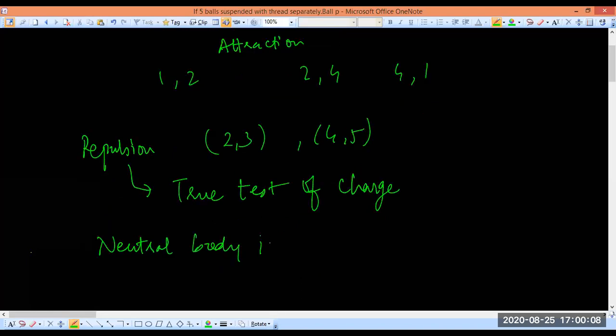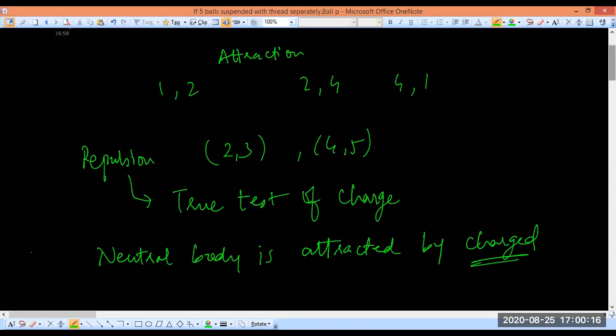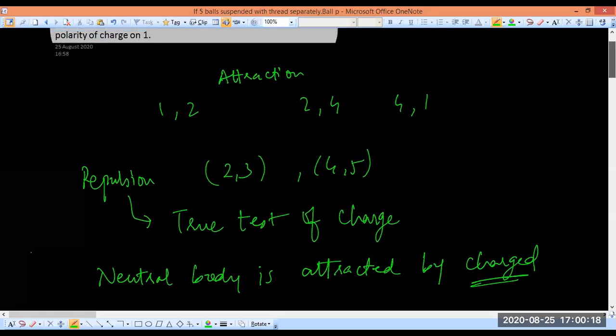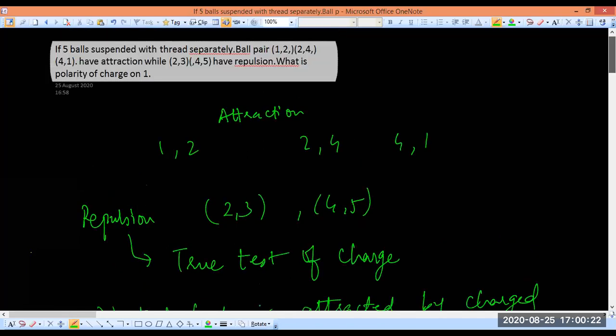That is because of creating dipoles and a non-uniform field, that's why a comb attracts pieces of paper. So only repulsion gives a true test of charge. So it means 2 and 3 are unlike, and 4 and 5 are also unlike.